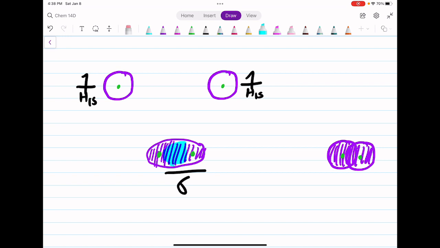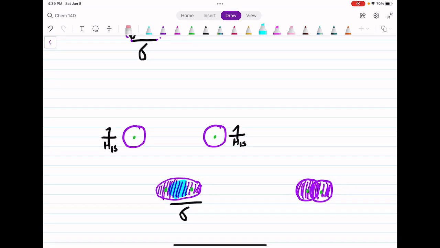So that's the explanation as to why this sigma bonding orbital goes to a lower energy, why it's more stable. Most of the electron density based on the cartoon is between those 2 nuclei, and electrons between 2 nuclei are going to be even more stable than when they're just next to 1.